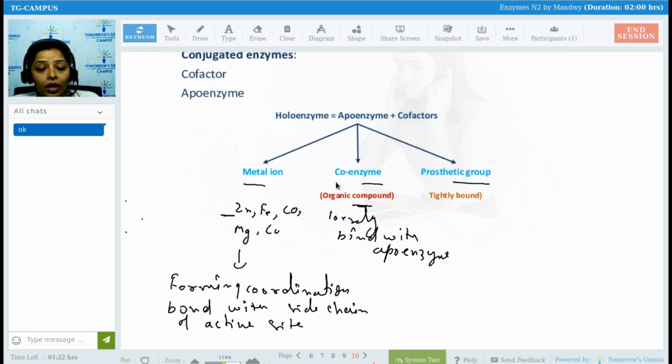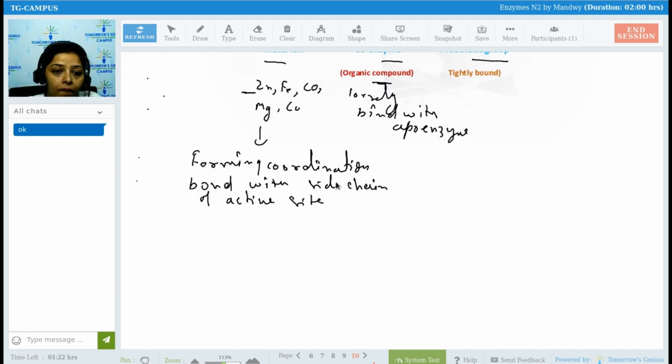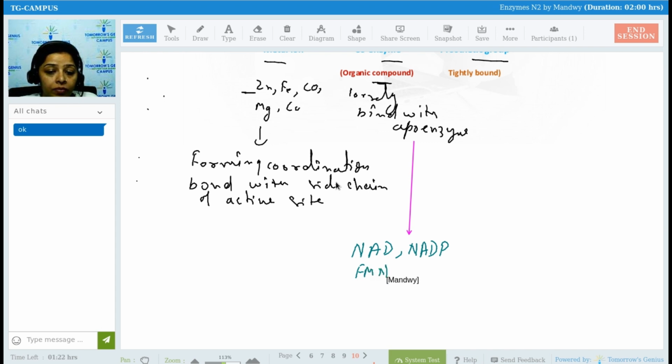For example, coenzymes are made up of vitamins, like nicotinamide adenine dinucleotide, NAD, NADP, nicotinamide adenine dinucleotide phosphate, FMN.